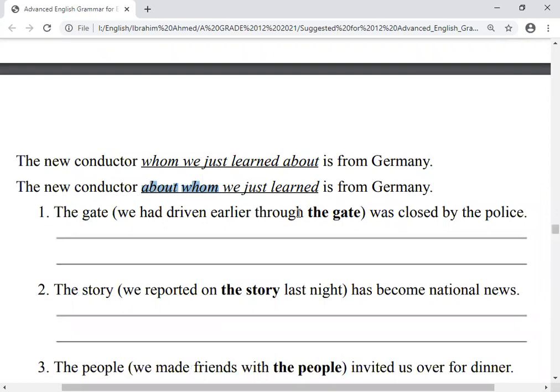Sentences 1 and 2. Okay. If you're ready, Basant, go ahead.